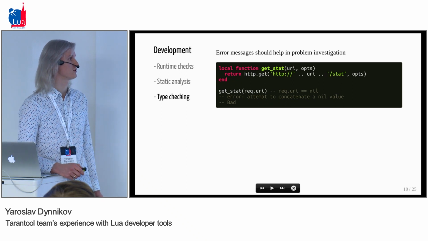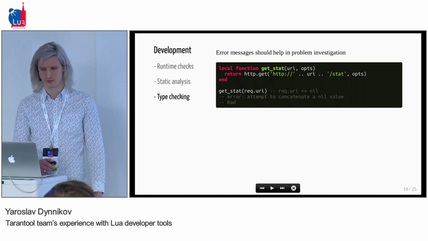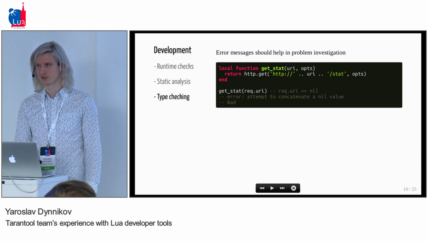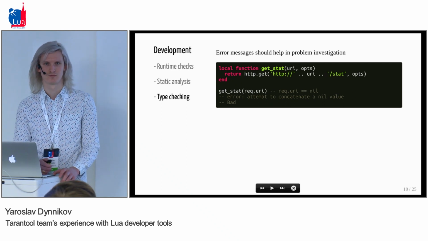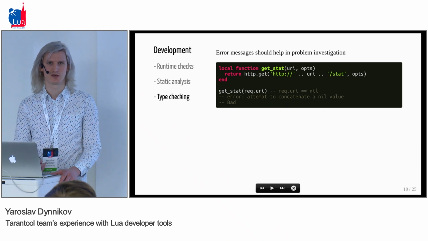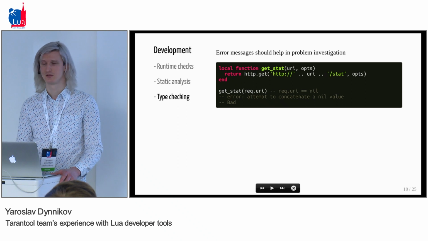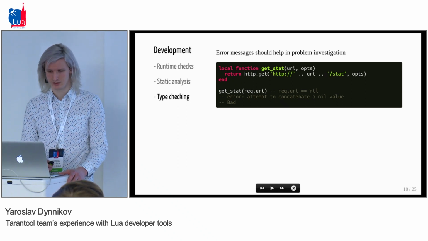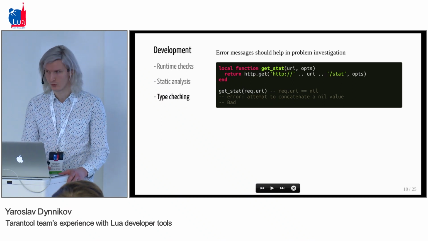It's not that important, but if you try to call it from the handler with URI equal to nil, you will get an error saying attempt to concatenate nil value. Of course, it will show you the line number and source file, but that's not a good error message. And we would like it to be better.